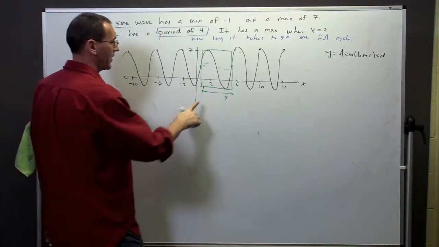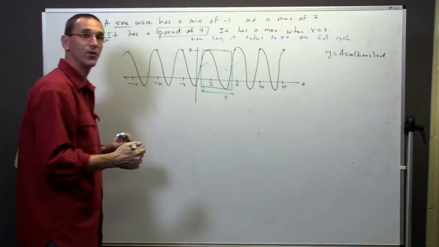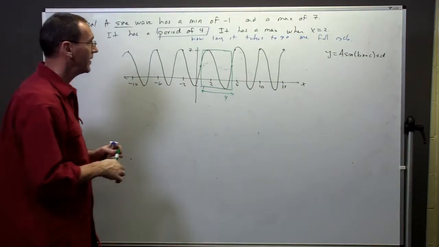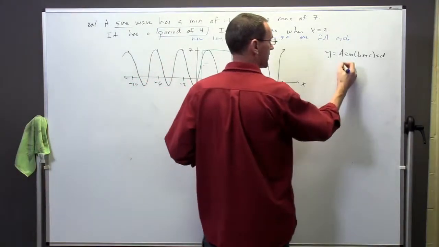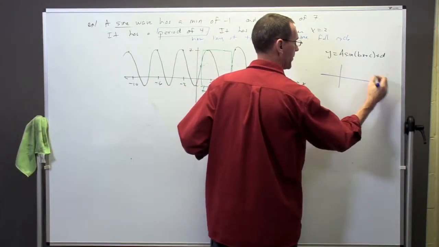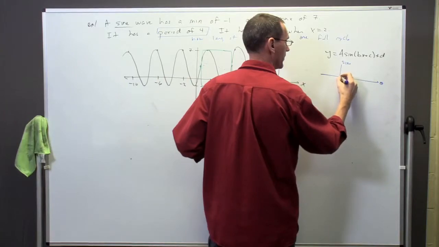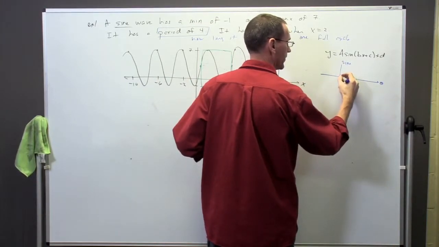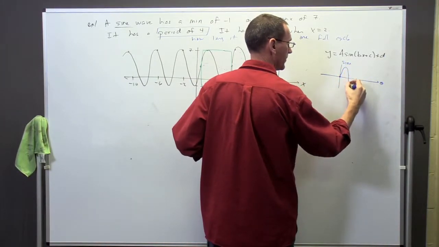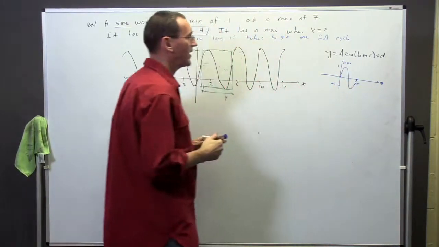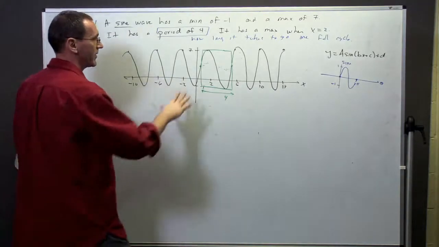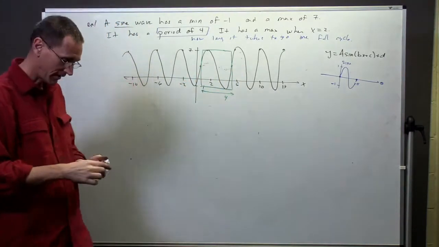As it goes from here to here, it's going to go through one full cycle. Okay. What do I have? So it's a sine wave. So if I just look at sine by itself, if sine goes from 0 to 2 pi, it's going to have one full cycle like that.